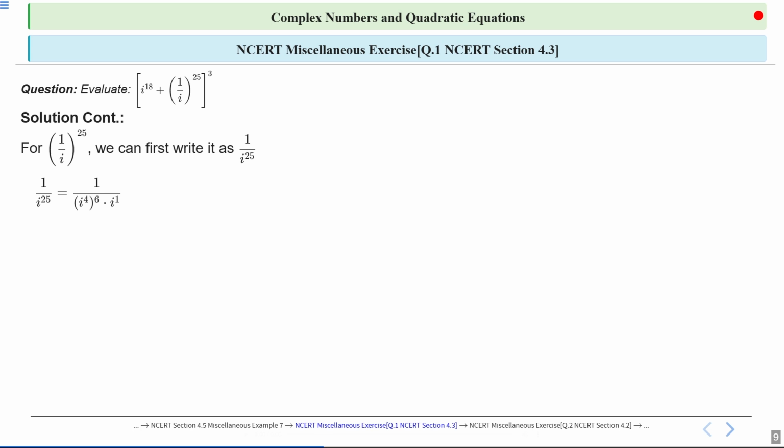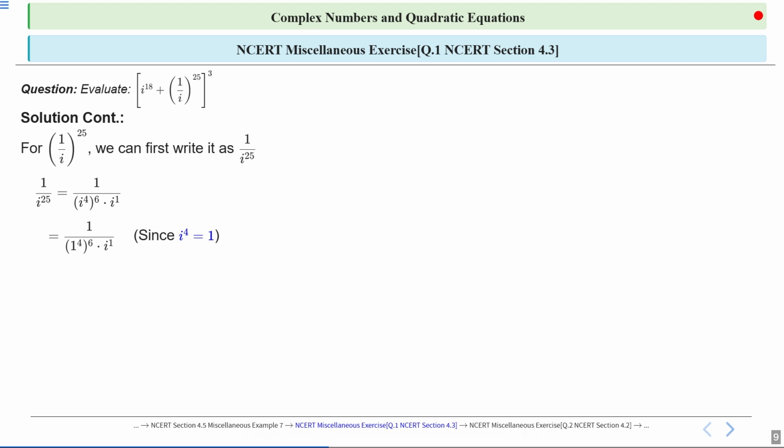So 1 divided by iota raised to the power 25 becomes 1 divided by (iota to the power 4) to the power 6 times iota to the power 1. Since iota to the power 4 equals 1, (iota to the power 4) to the power 6 is just 1 to the power 6, which is still 1. That means our denominator simplifies to 1 times iota, or just iota.